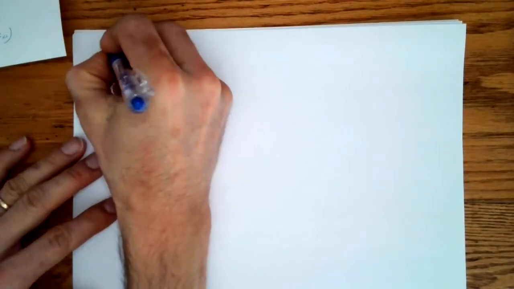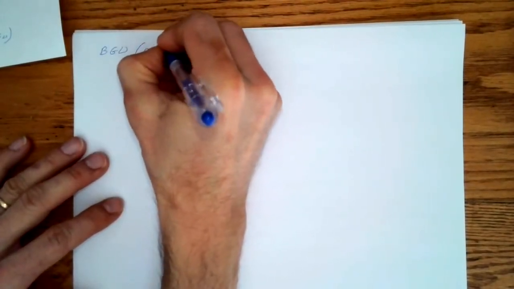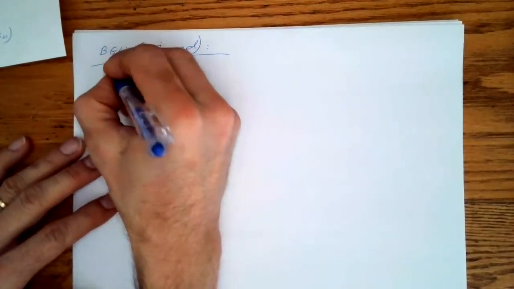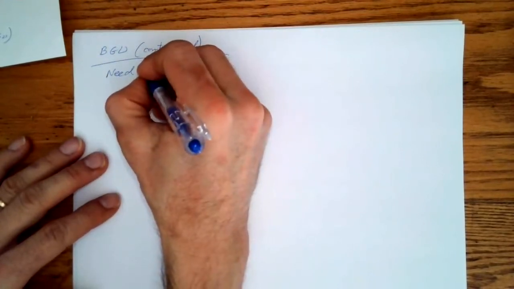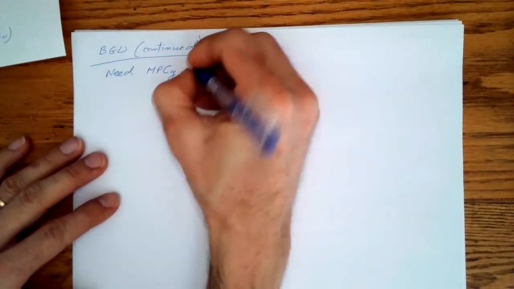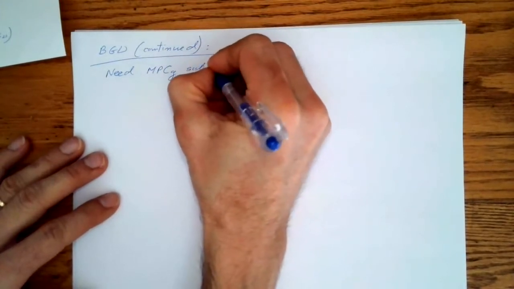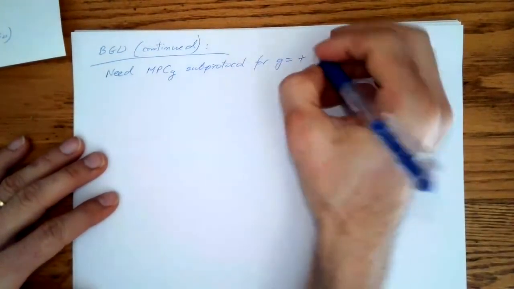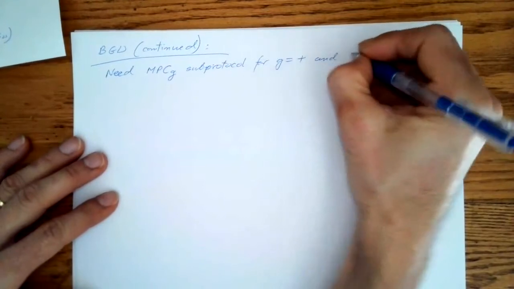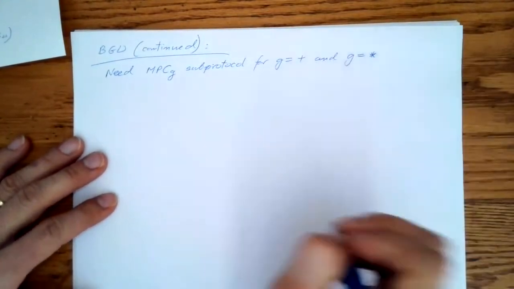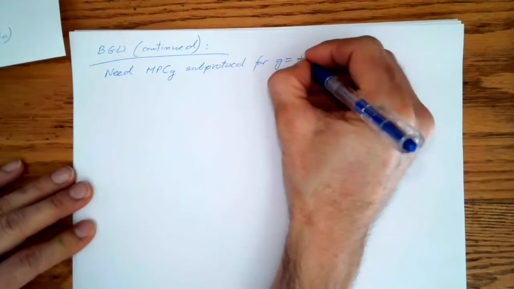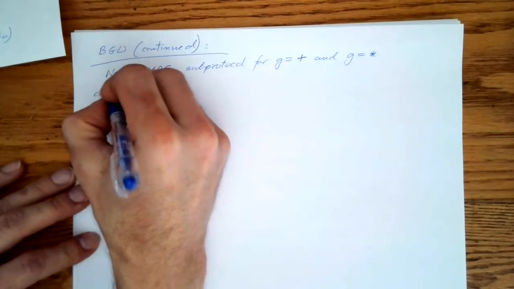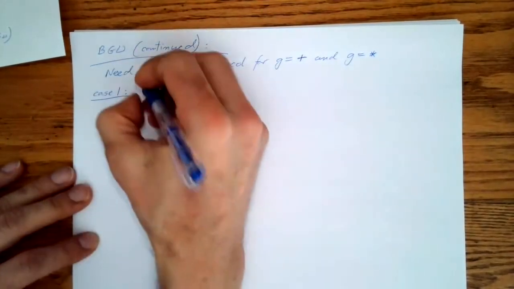Here's the BGW protocol continued. What we need is the MPC gate subprotocol for G, which is addition, and G, which is mult in the field. Okay. So here is a nice and easy case.